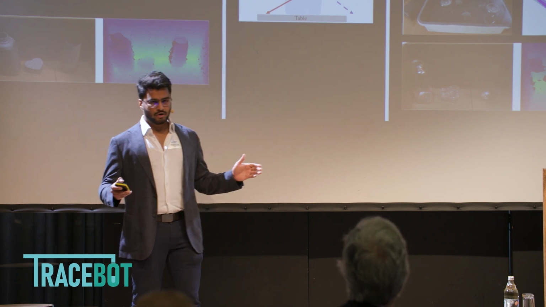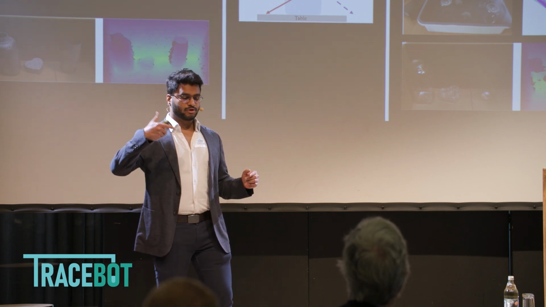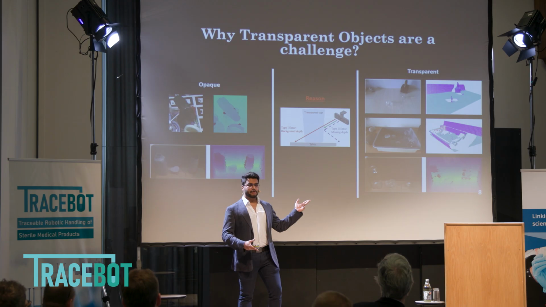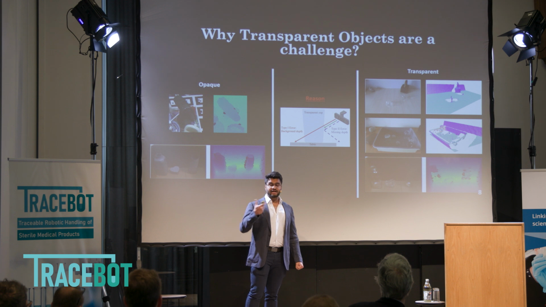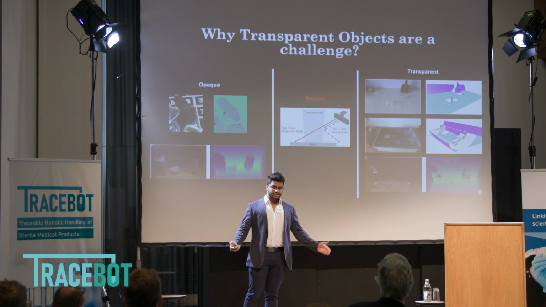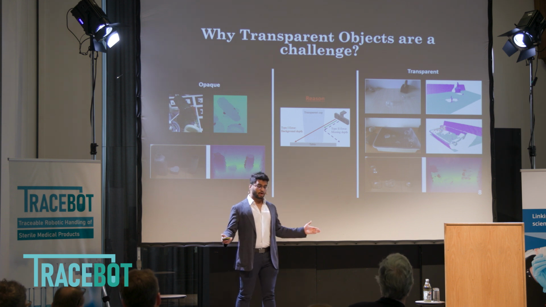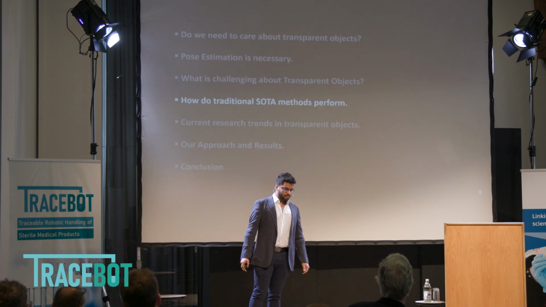And that's mainly because whenever the depth sensor sends, let's call it a depth trace through the transparent object, it either passes through the transparent object and it reports the background depth, which is the type 1 error you can see, or the ray never comes back because of the refraction and reflective properties of the transparent object. And that's why depth is pretty bad for a transparent object. But as you can see, for opaque objects, it's quite well defined. So for opaque objects, it's not a problem, but for transparent objects, it's still a big challenge.